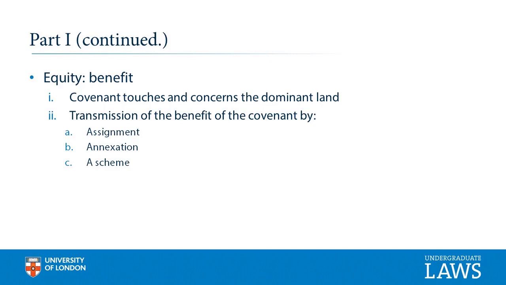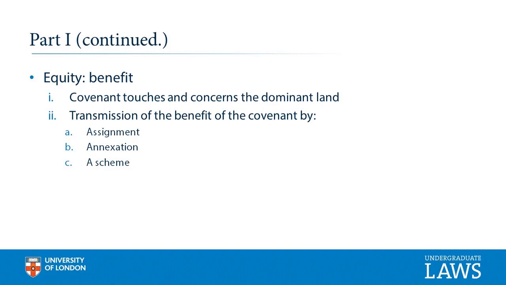In order to effect an express annexation, there must be a reference to the dominant land, because it must be clear that the intention of the covenanting parties is to attach the benefit of the covenant to the dominant land. That is what annexation involves.